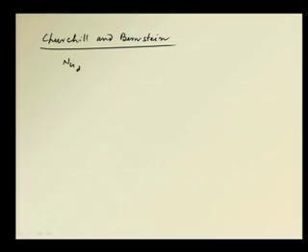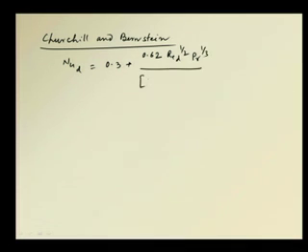Churchill and Bernstein gave this expression: Nu_D equals 0.3 plus 0.62 Re_D to the power half Prandtl to the power 1/3 divided by [1 plus (0.4 by Prandtl) to the power 2/3] to the power 1/4, into [1 plus (Re_D by 282000) to the power 5/8] to the power 4/5.